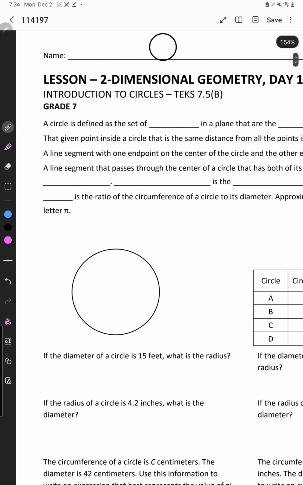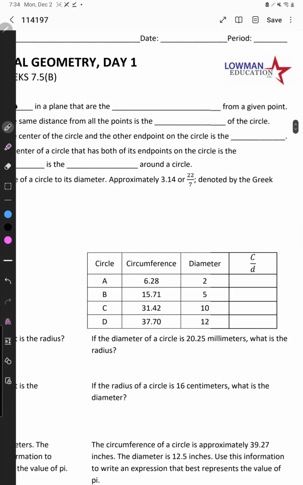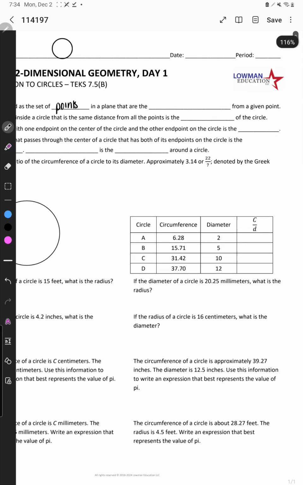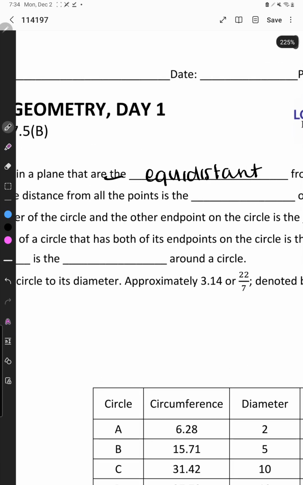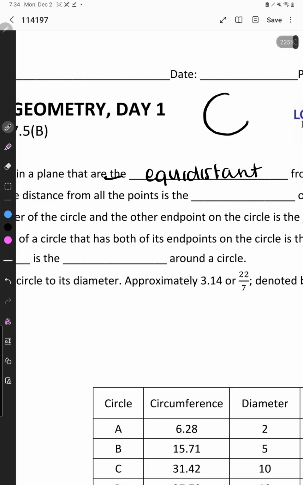Now, a circle is defined as a set of points that are equidistant from a given point. What that means is, let's say we have a circle, okay? So I have a point in the middle of my circle.